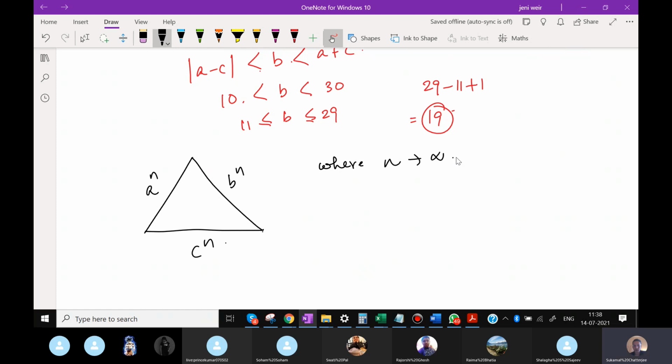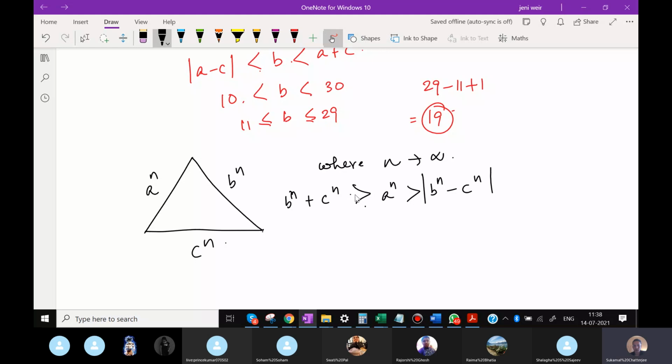So if n tends to infinity, we know that if I take any side of the triangle, a to the power n will be greater than b to the power n minus c to the power n, and less than b to the power n plus c to the power n, right?